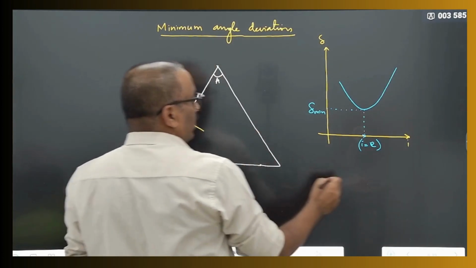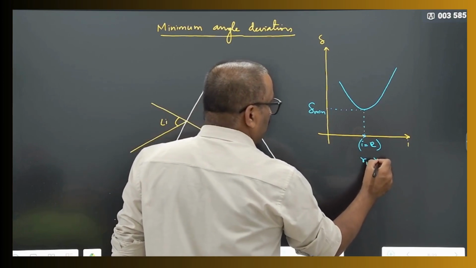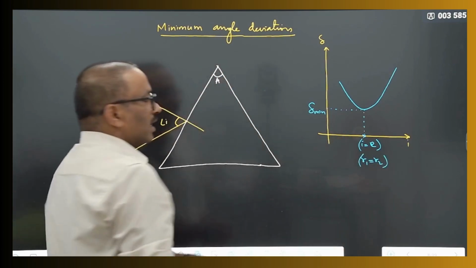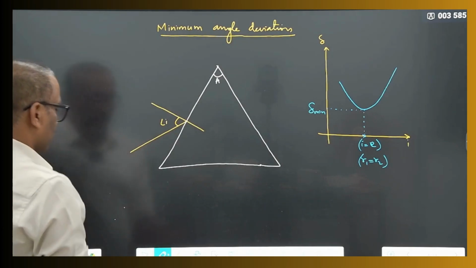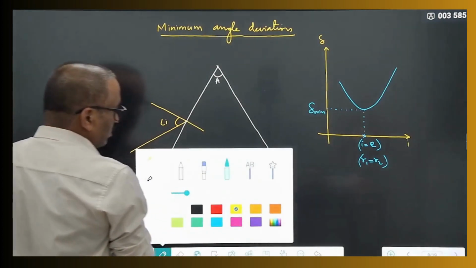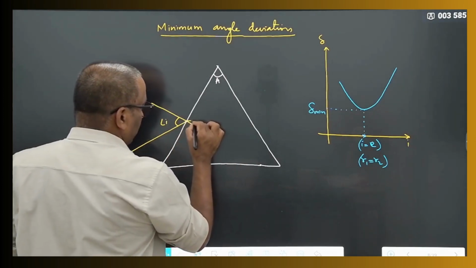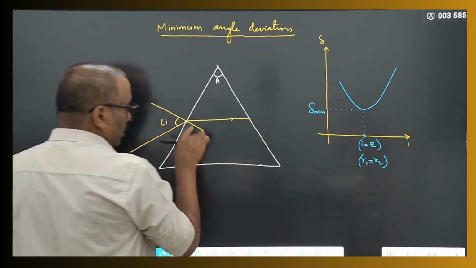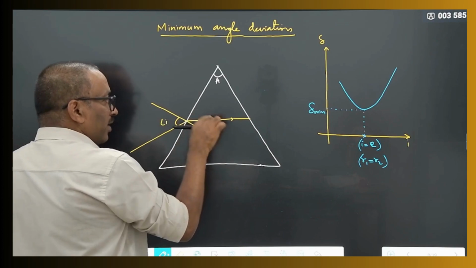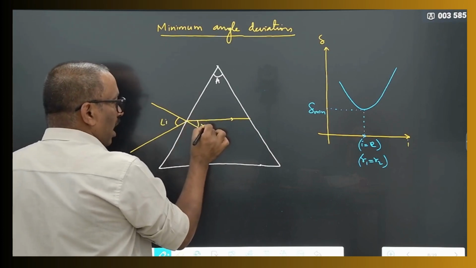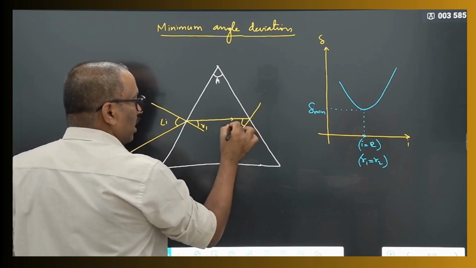If both are equal, then R1 and R2 are also equal. What does this condition say? When will it take place? This is also an important point. This is your refracted ray, with angle R1 and angle R2.